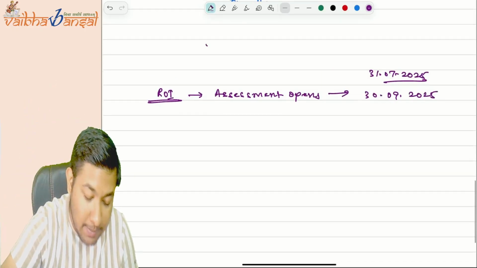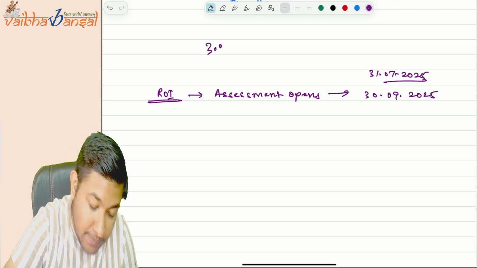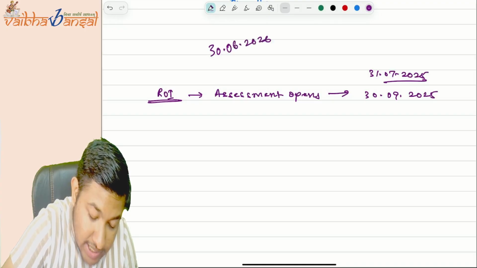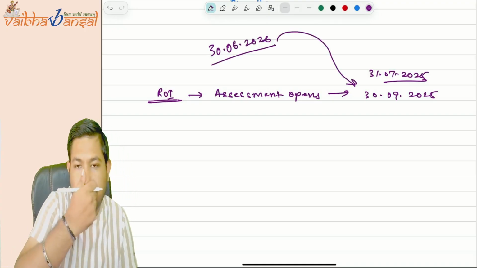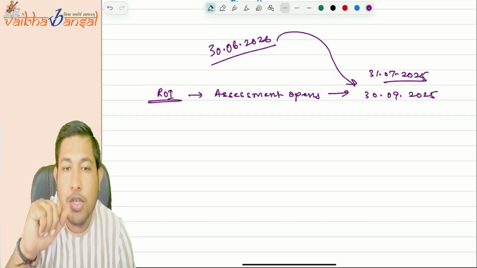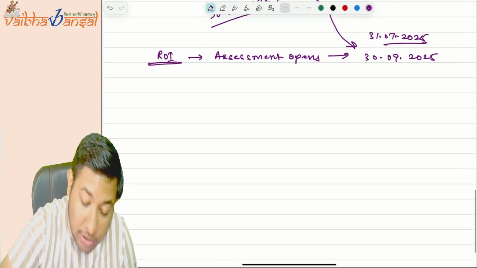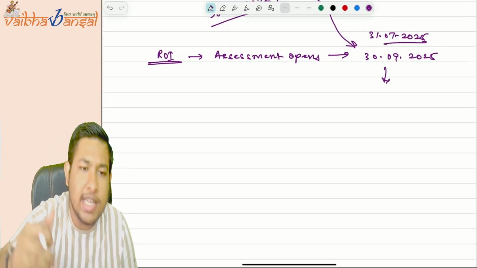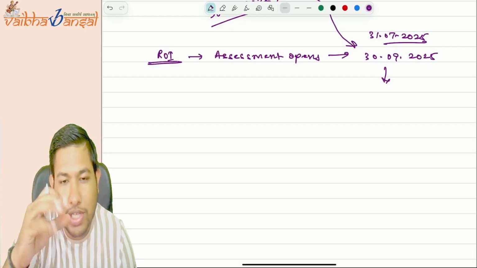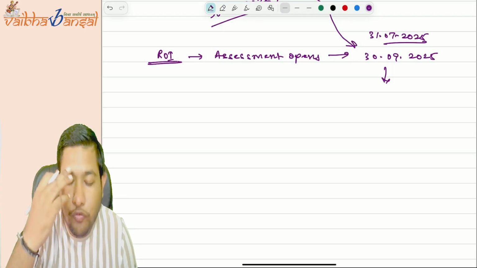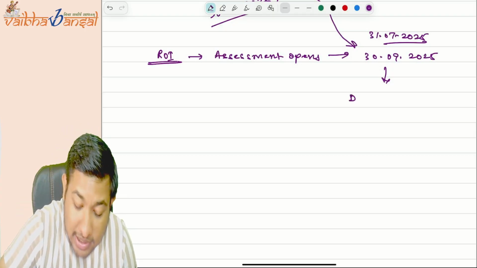The maximum time is 30th of June 2026. Before that, can it open? Yes, it can open before that as well. So the assessment opens on 30th of September 2025. And in that case, during the notices and communication between the AO and you, you find that there is a deduction.